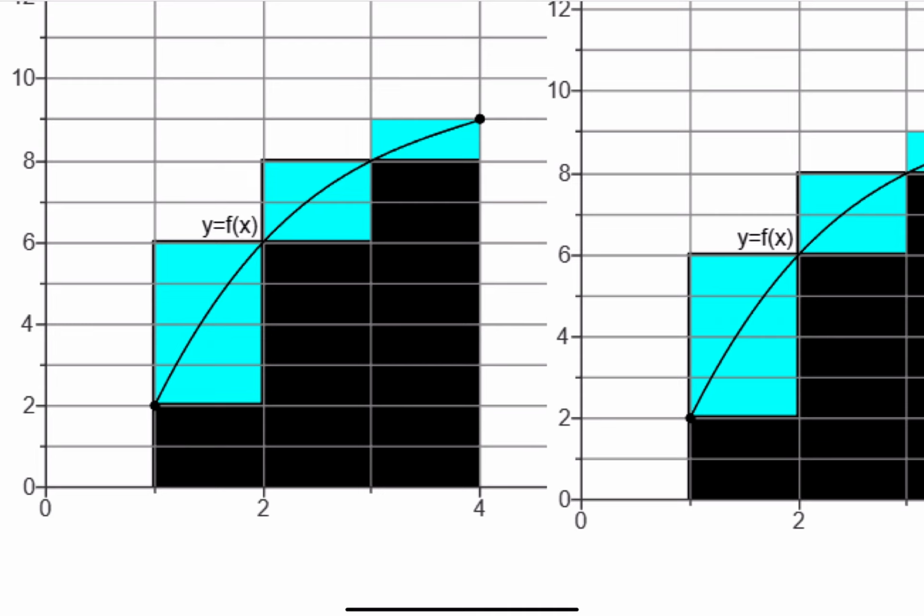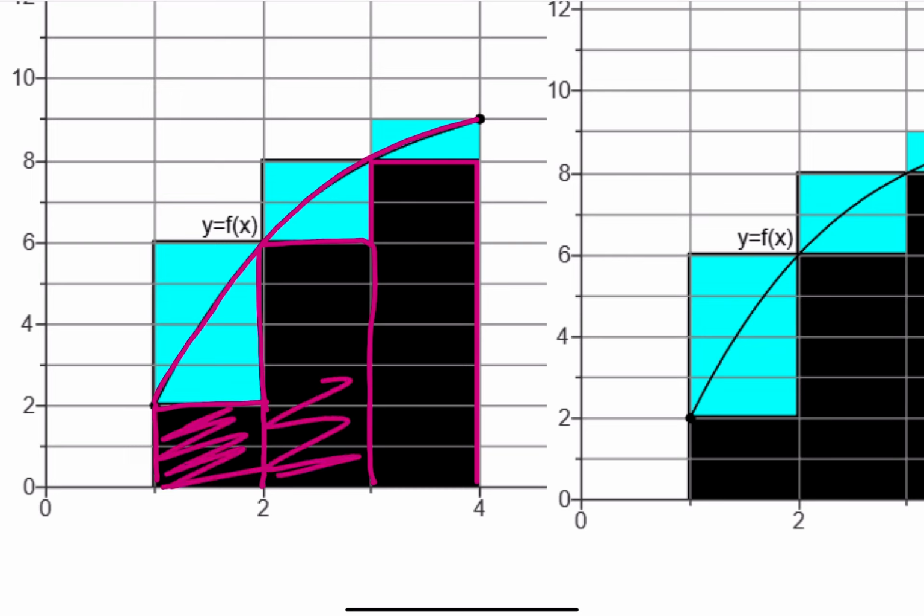This is my curve, and I'm trying to find the area under the curve. I can find it by forming rectangles: this is 1 rectangle, 2 rectangles, and 3 rectangles.